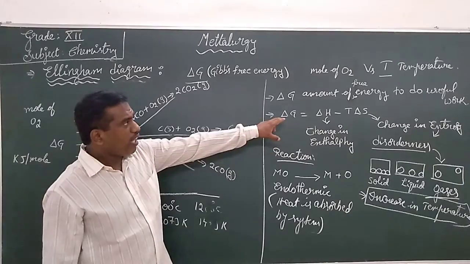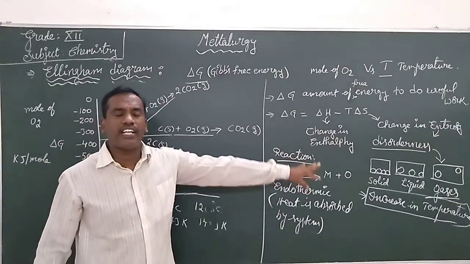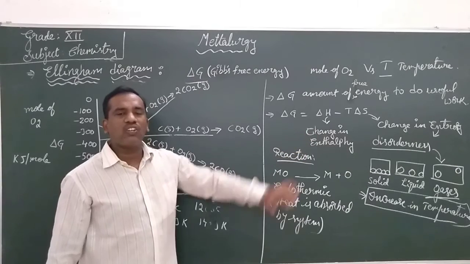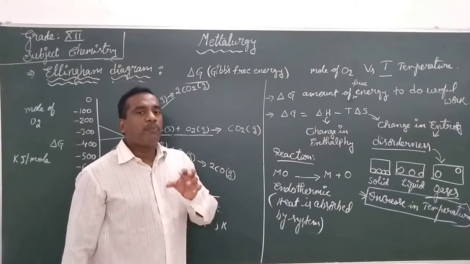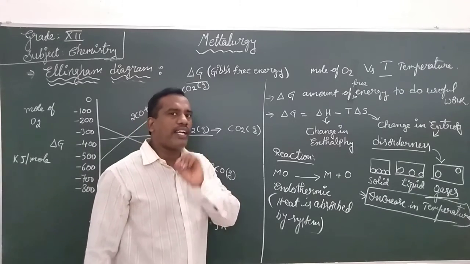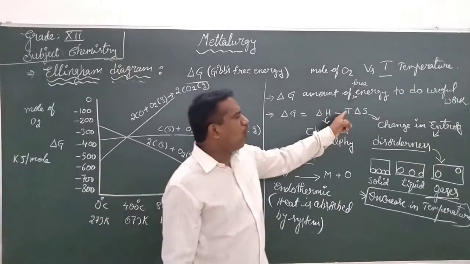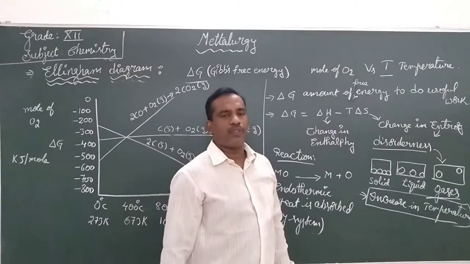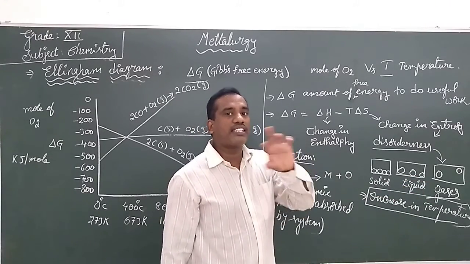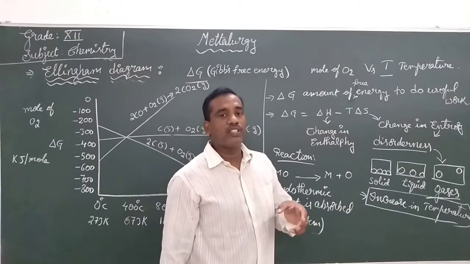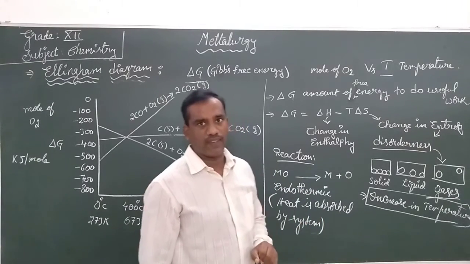Yes, our entire Gibbs free energy can be calculated from these terms. Especially here, the key point is when you go on increasing the temperature, what is happening to the disorderness? Disorderness is increasing.